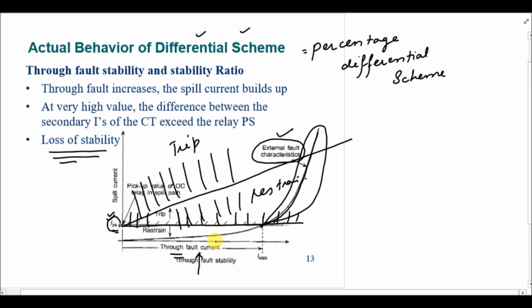And by doing so, we are getting this extra margin for the through fault current. And this percentage differential scheme will be discussed in the later lectures.